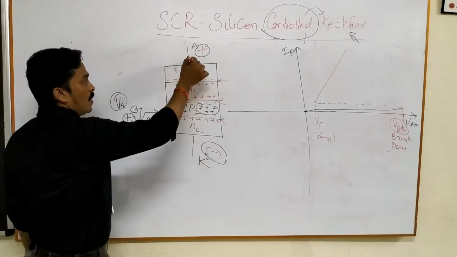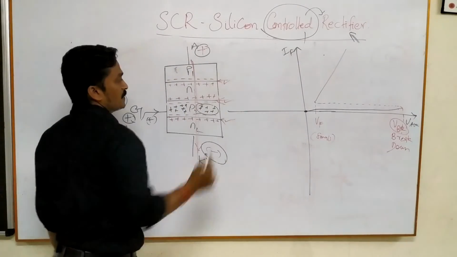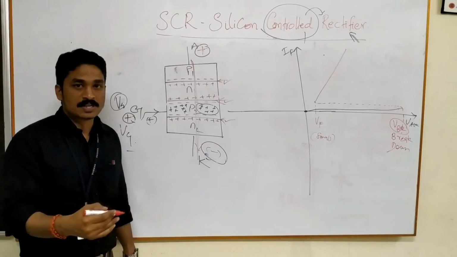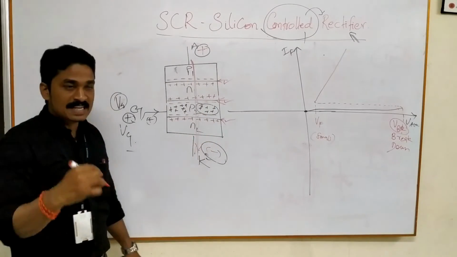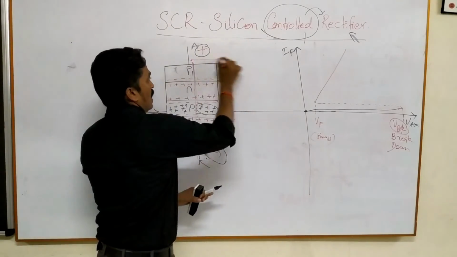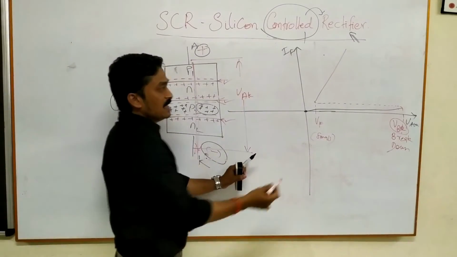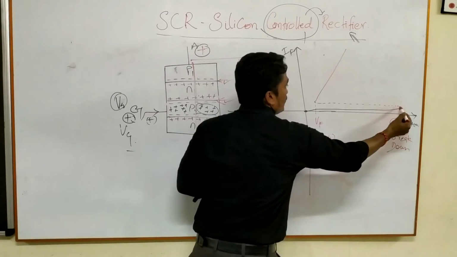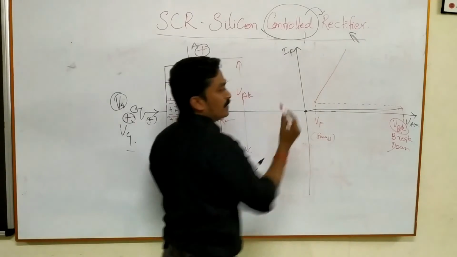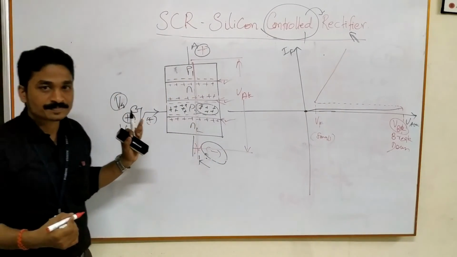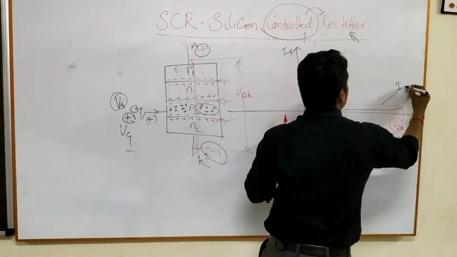The same condition: once it starts conducting, current flow happens. So this will and this will and this will, all these act as a closed circuit because current is flowing through these 3 junctions. Then we can say that the drop across this, when the conduction happens, is smaller, and that's what the graph shows like this. So immediately the breakdown happens, the voltage is coming down, and the current value is increasing with respect to the applied voltage. Okay, and this is for Ig equal to 0 or Vg equal to 0.